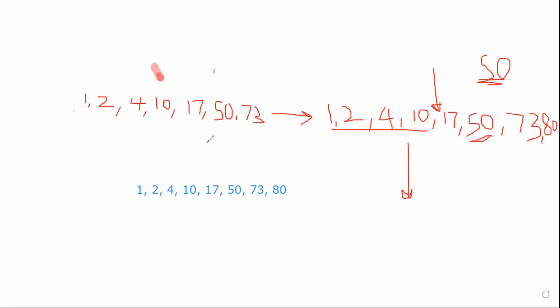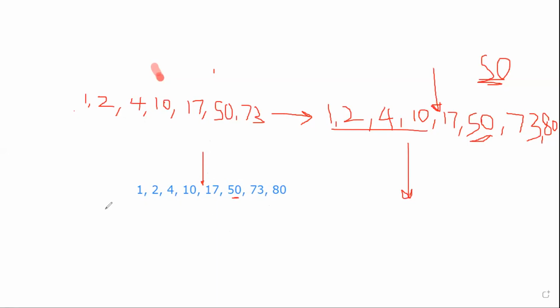If you apply the divide and conquer method, and we are looking for, let's say, 50, remember the divide and conquer method will split this array into 2 equal parts, so to say.